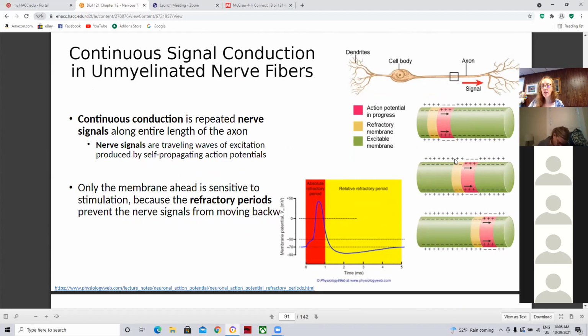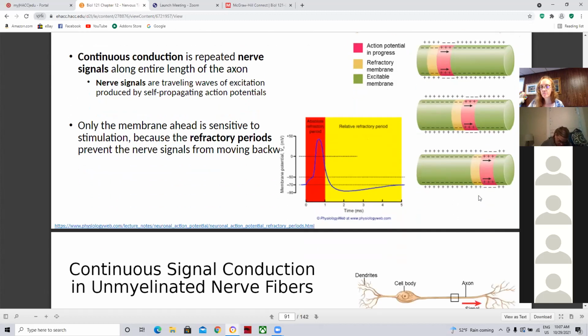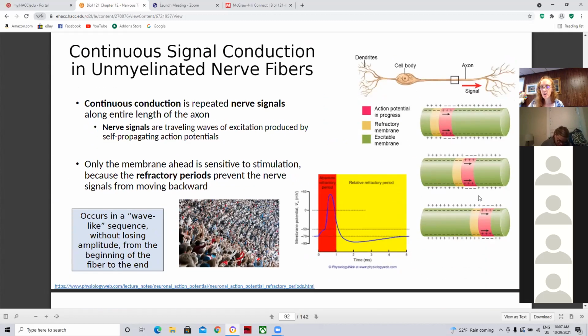And only the membrane ahead is going to be sensitive to being stimulated to produce an action potential because of the refractory periods. So this is a wave-like sequence where we don't lose amplitude from the beginning of the fiber to the end. It just keeps being initiated.